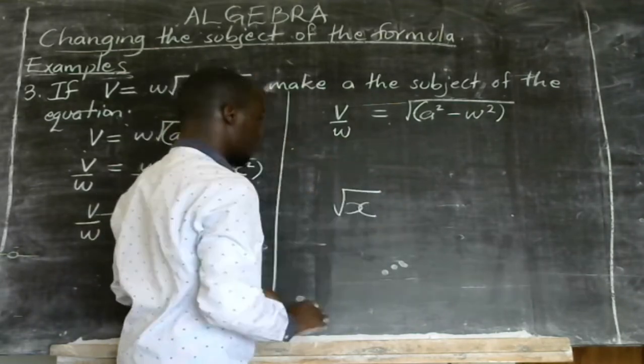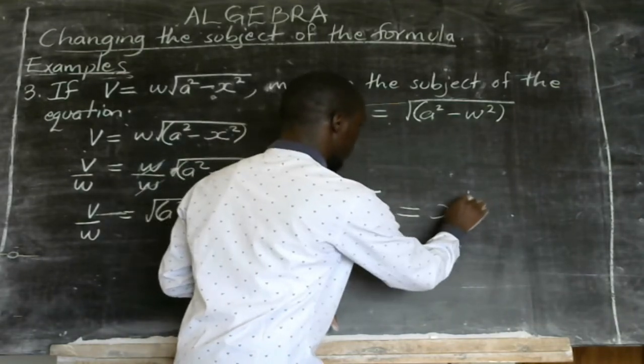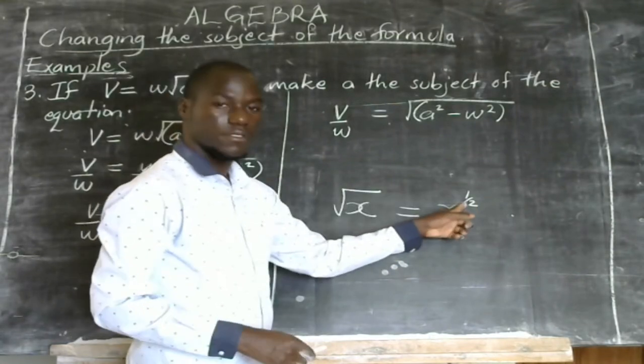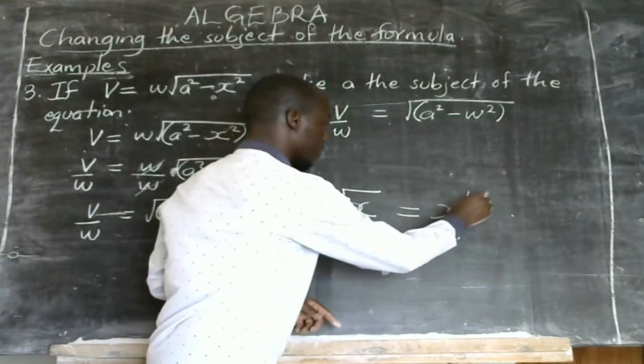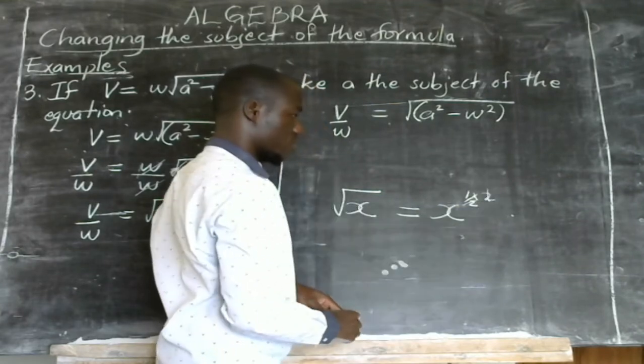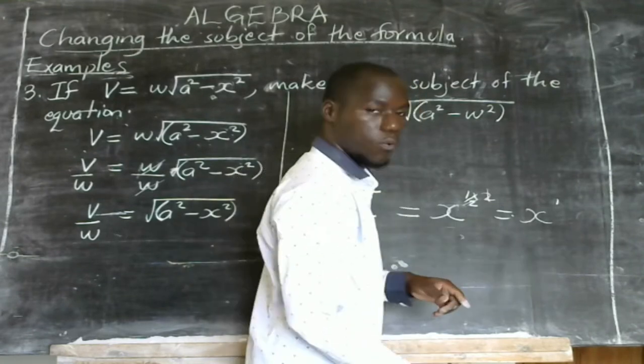If I have root of x, this is the same as x power a half. Now, if I want to kill the power a half, I need to square. When I square, that and that cancel out, so I have x to power 1 there.